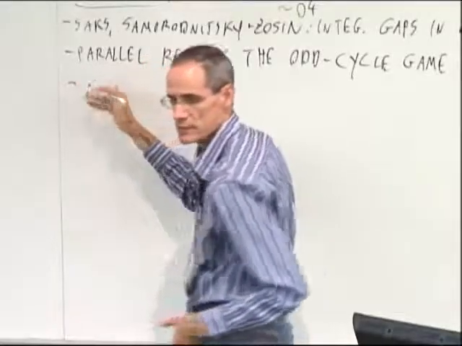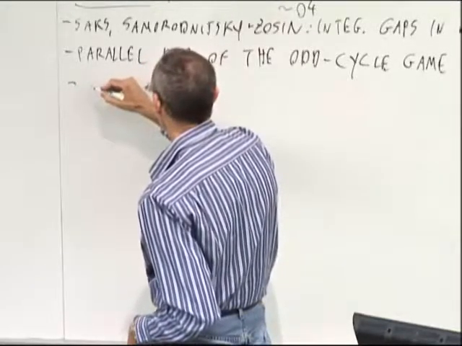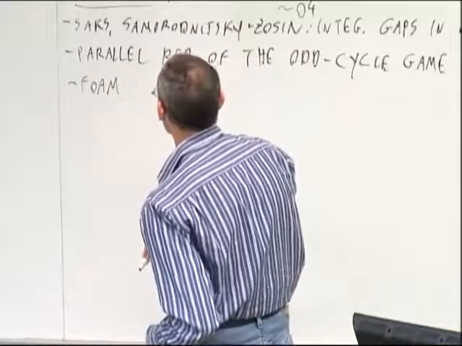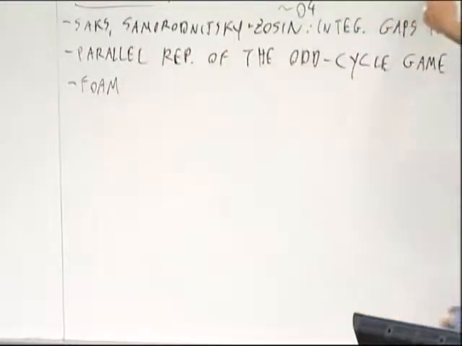The last one, I'll say something about it. This is what they call foam. Maybe I didn't say here, but let's just write it: we really have 5 different problems, right?